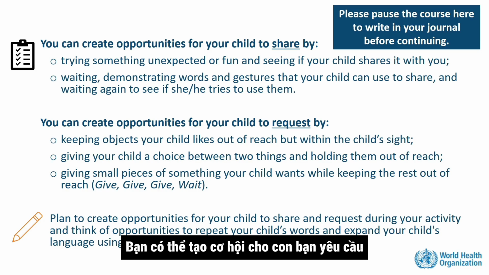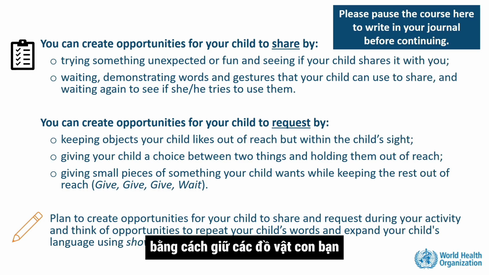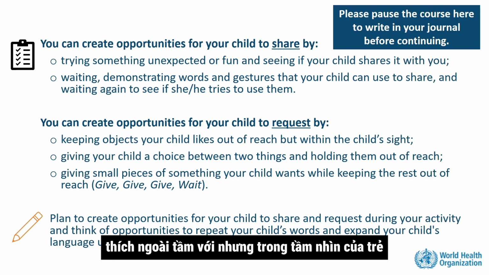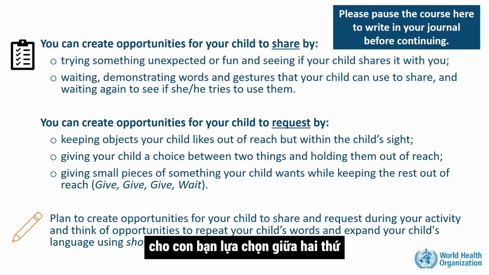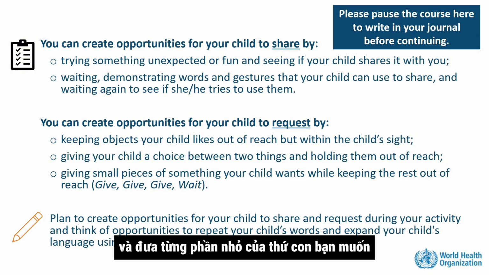You can create opportunities for your child to request by keeping objects your child likes out of reach but within the child's sight, giving your child a choice between 2 things and holding them out of reach, and giving small pieces of something your child wants while keeping the rest out of reach.